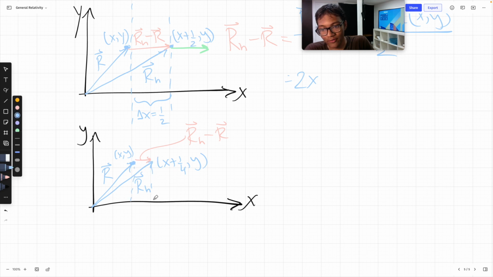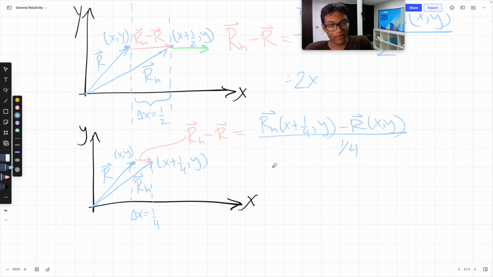Delta x is 1/4, and so that means r sub h minus r is going to be, first of all, r sub h is now located at x plus 1/4 comma y, and r is located at x comma y, and let's divide this by a fourth. But dividing by a fourth is the same thing as multiplying this difference by 4, right?